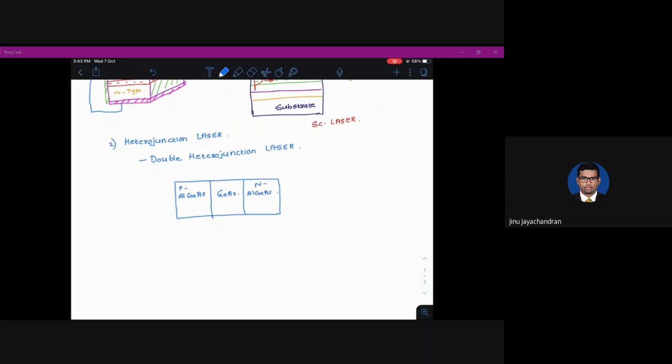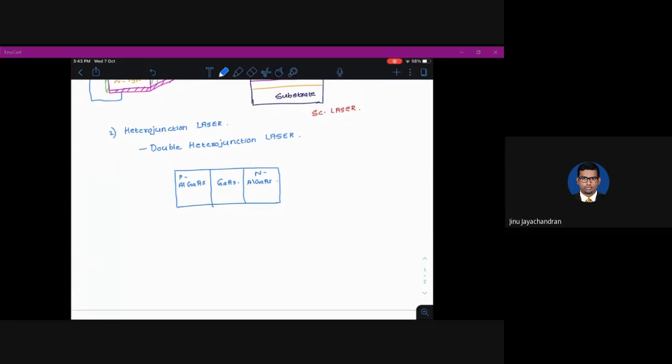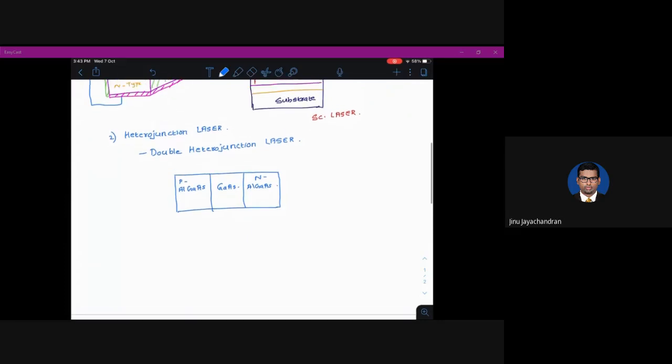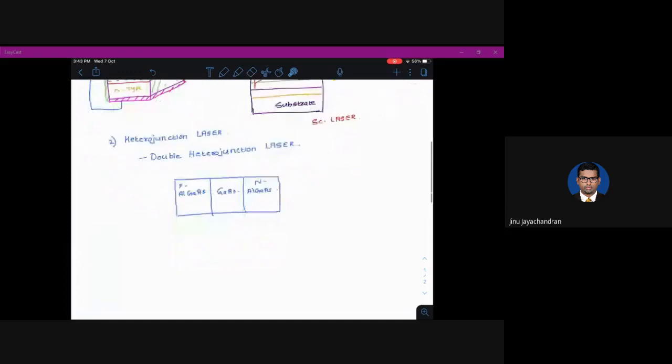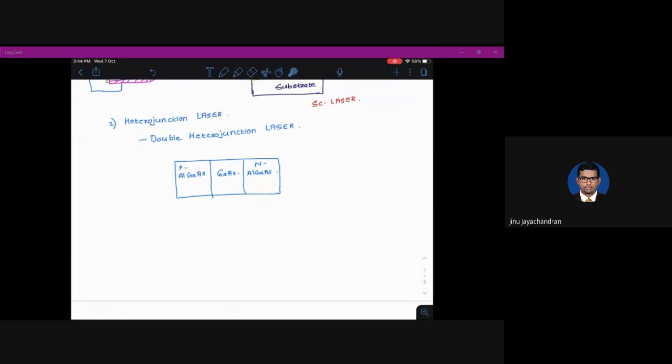Okay, so this is a heterojunction semiconductor, and all that we have explained in this diagram is applicable to this also, where you will have the confinement layer, active region, cladding, etc. Here the confinement layer is actually our middle junction. So the gallium arsenide will act as the active region. Sorry, this is actually the active region.